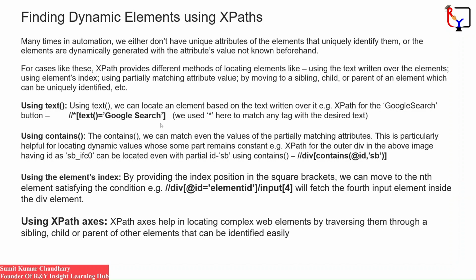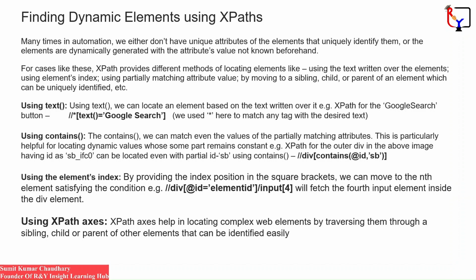Using the contains method, we can match even partially matching attribute values. This is particularly helpful for locating dynamic values where some part remains constant. For example, the XPath for the outer div in the above image. Okay, not the above image.